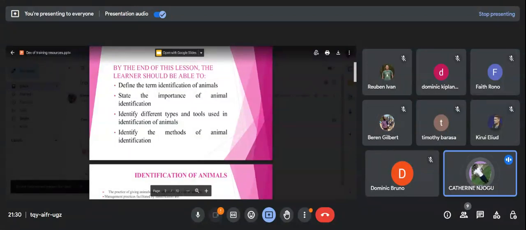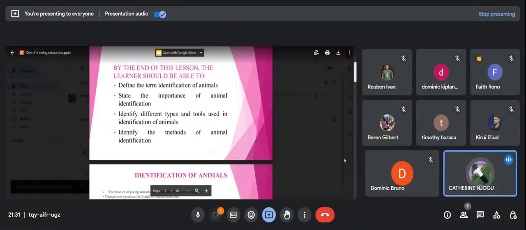Yes. Thank you. Please let's appreciate him. I can't see people appreciating Beren for the good trial. Yes, thank you. So we are going to now look at what is identification.